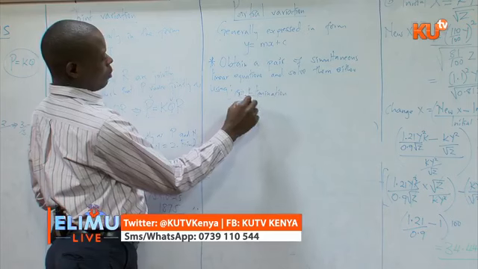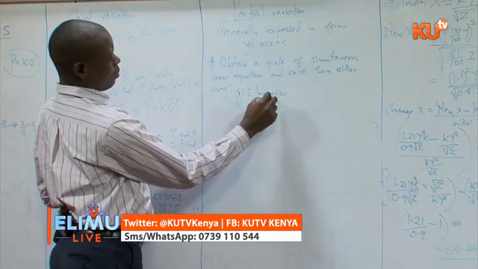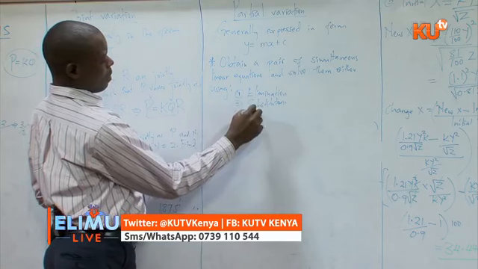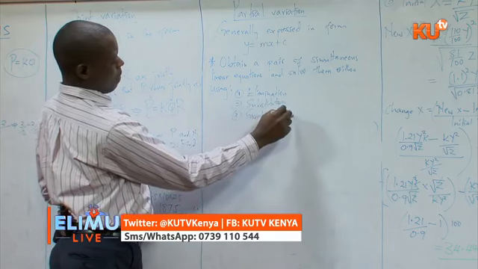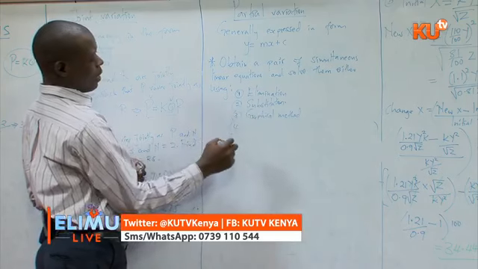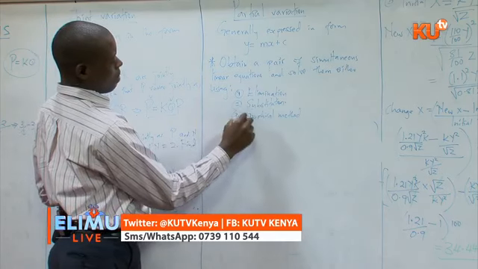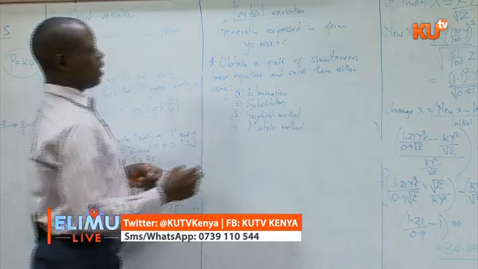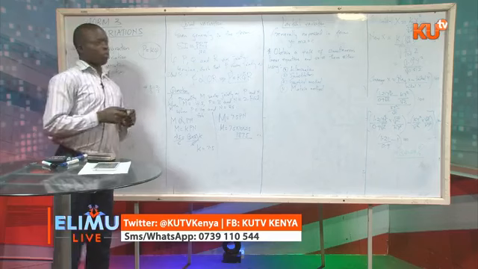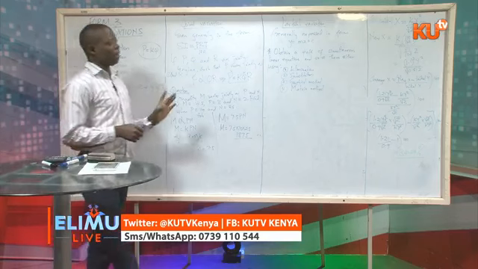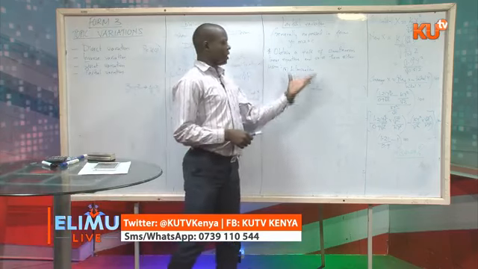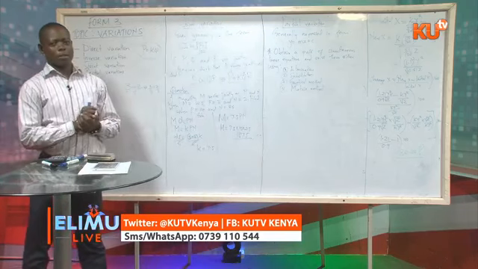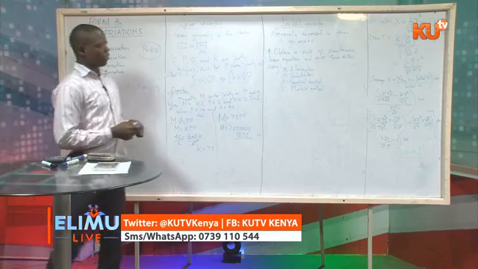Number two, we can use the substitution method. If you find that is not possible, use the graphical method. And if you find again it is not possible, use the matrix method. Those are the four methods that we solve linear equations by. So what we'll be doing is obtaining a pair of simultaneous equations, then solving them using elimination, substitution, or the graphical method. So let's do a question on this.